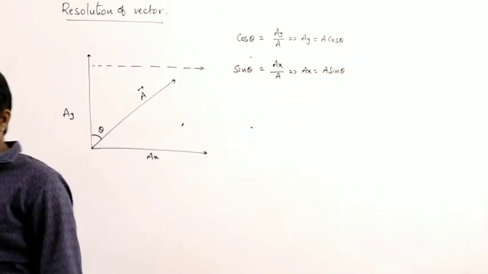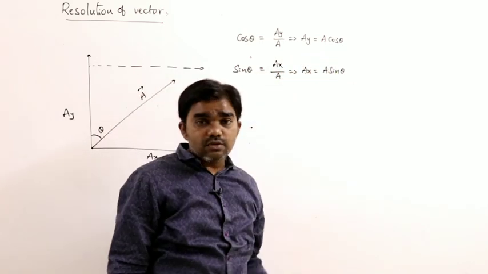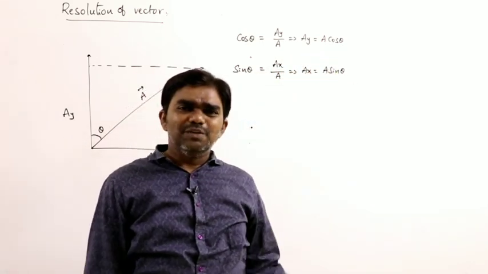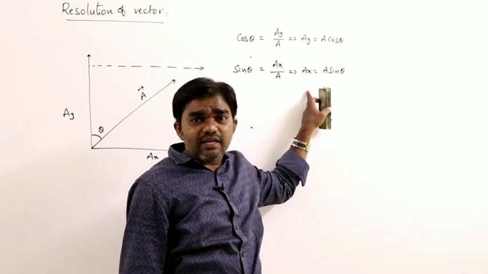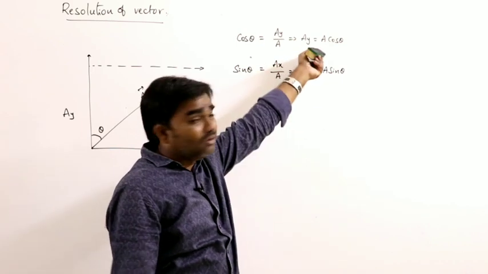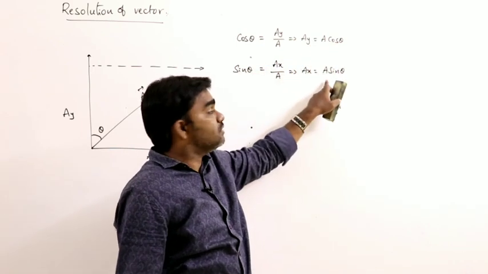AY equals A cos theta and AX equals A sin theta. In the previous case, what did we get? AY equals A sin theta and AX equals A cos theta. But here we get AY equals A cos theta, AX equals A sin theta.